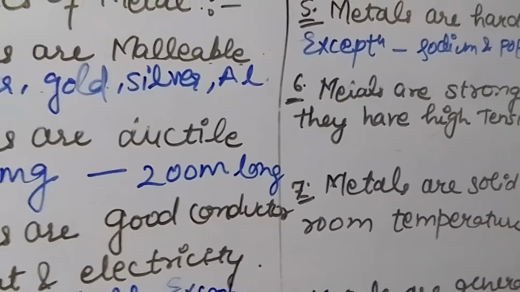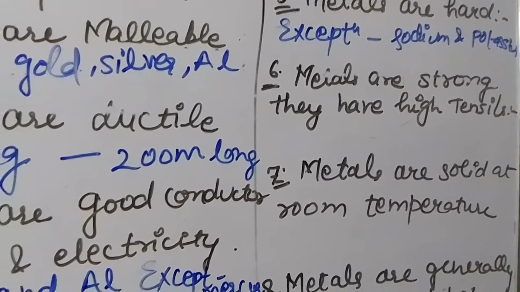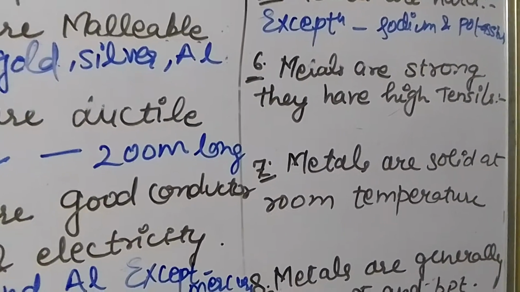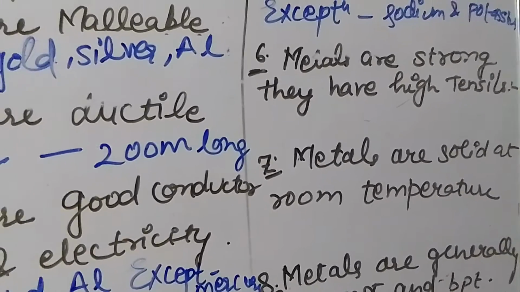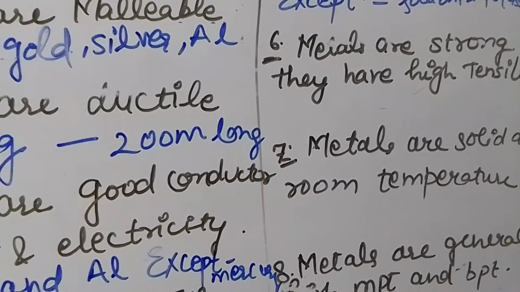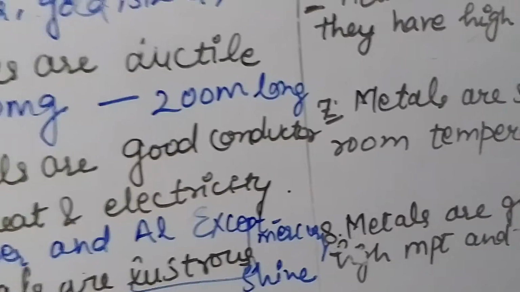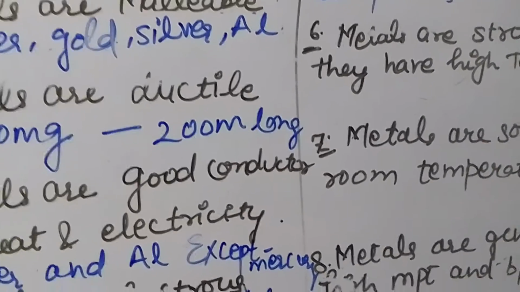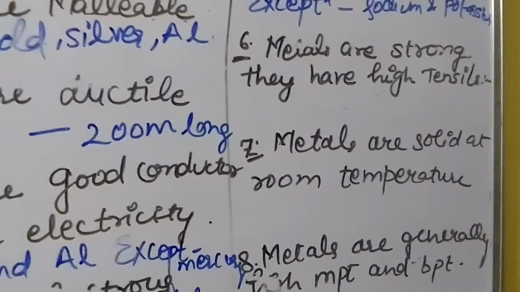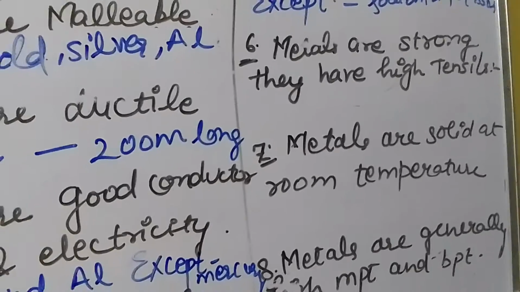So our next property is that metals are strong. They have high tensile strength. Tensile strength means they can hold large weight without breaking. They have a capacity to hold heavy things, right?